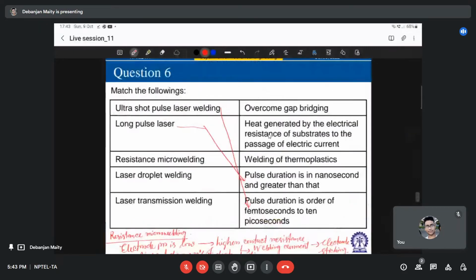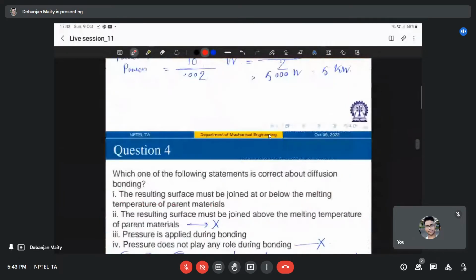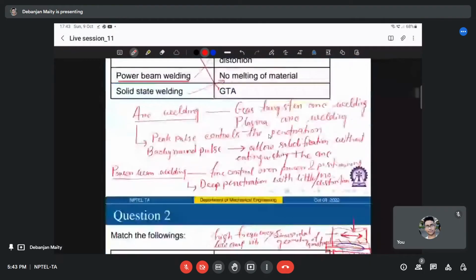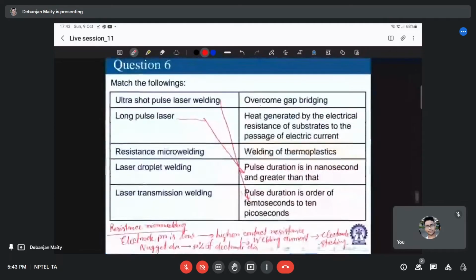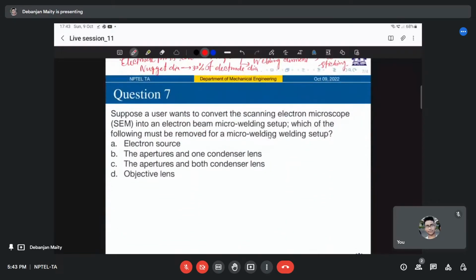And then there is laser droplet welding. Let us try to use this portion. So, what happens in laser droplet welding?